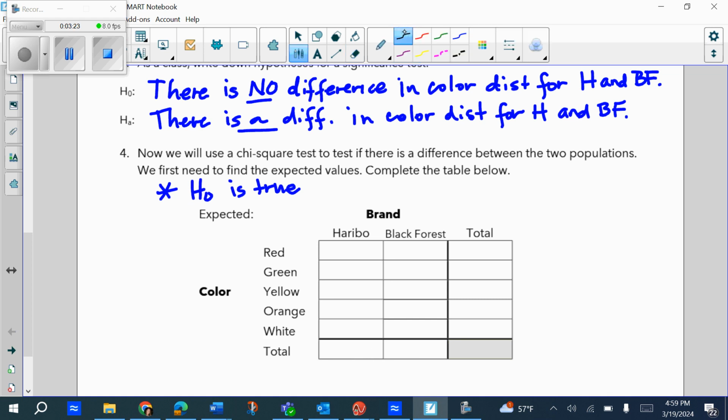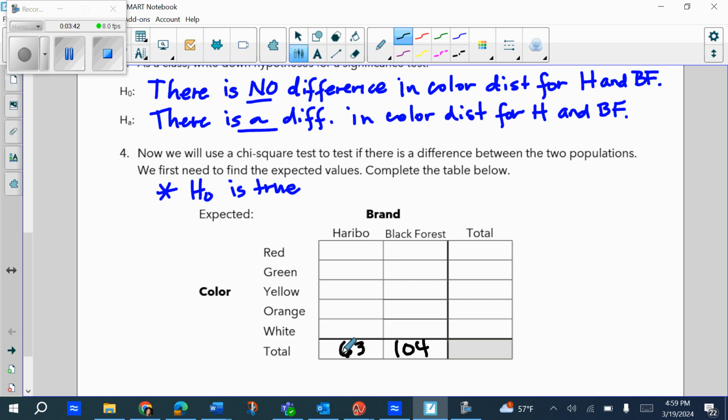We have 63 Haribo and 104 Black Forest. So the numbers in this chart are not going to be identical.